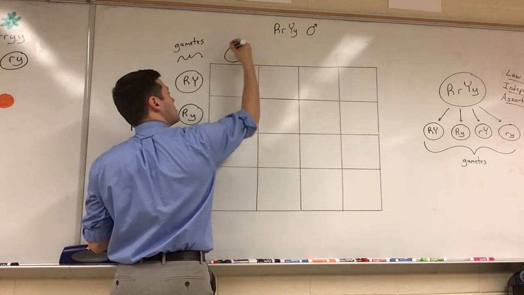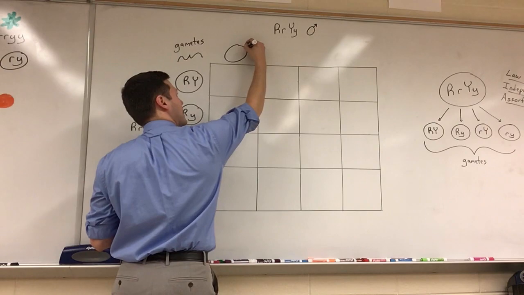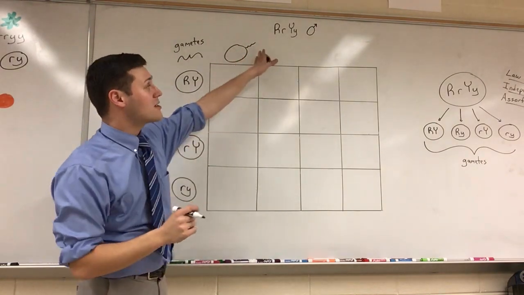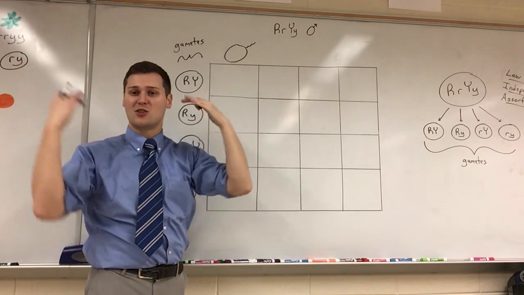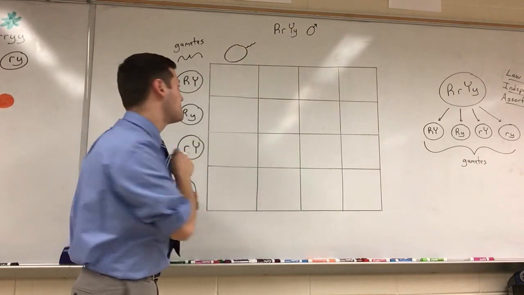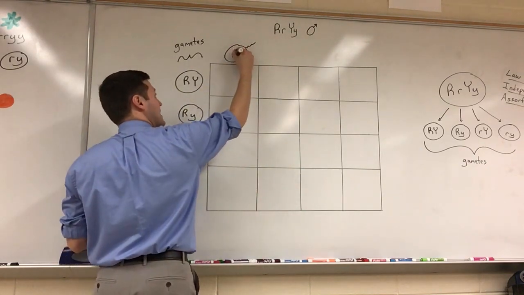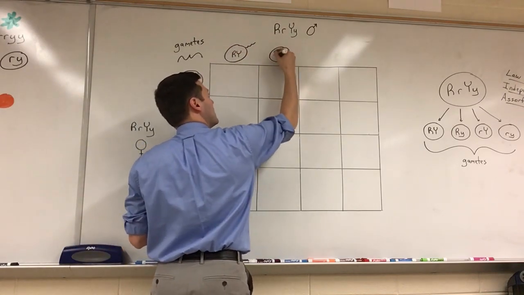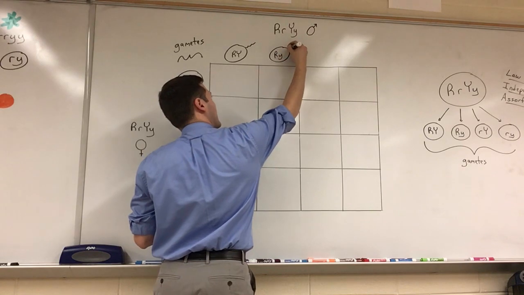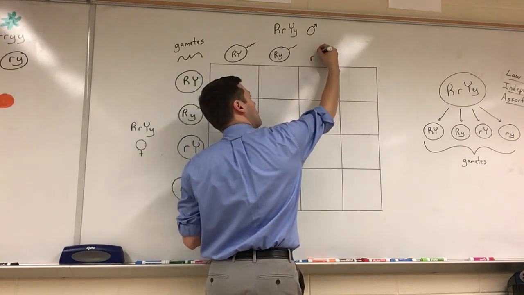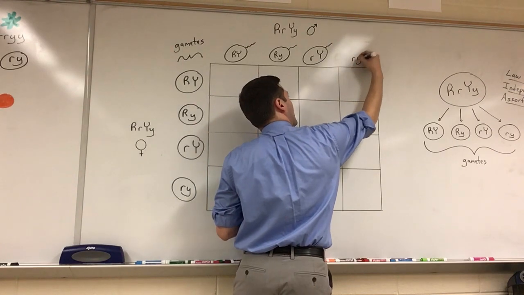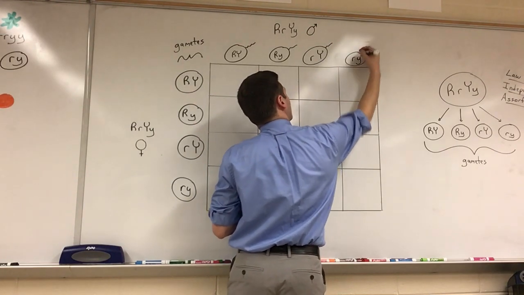But I'm going to draw a little tail like it's the sperm, even though it's pollen. This isn't entirely accurate, but I'm going to put that there just so we know that that's the male gamete. But it's the same thing. We have big R, big Y, big R, little y, little r, big Y, and little r, little y as our possible gametes.